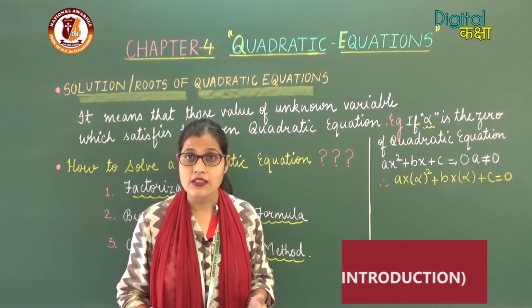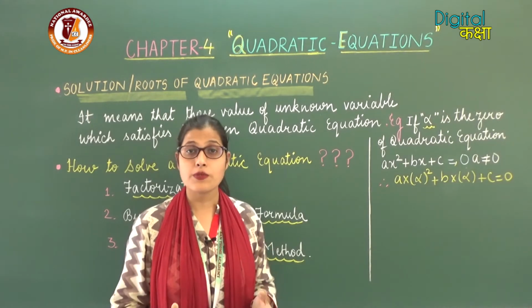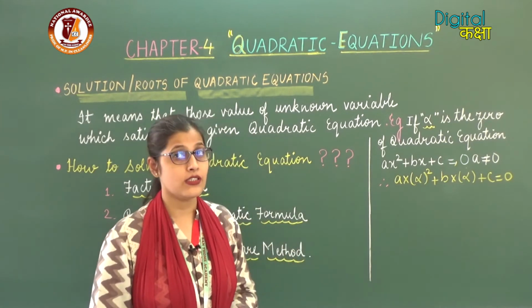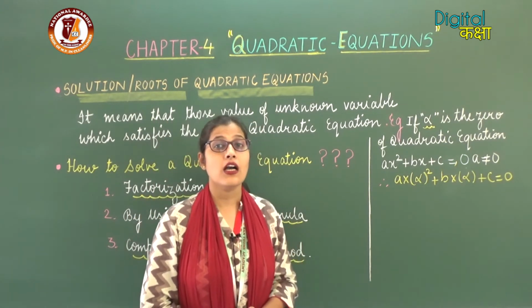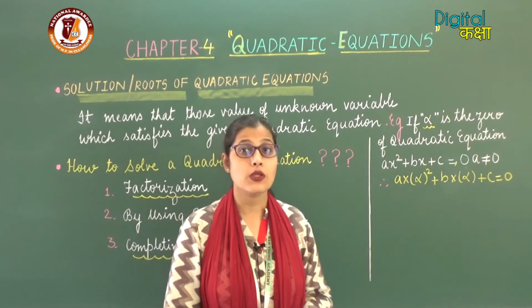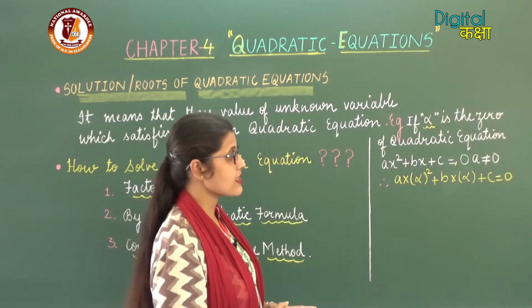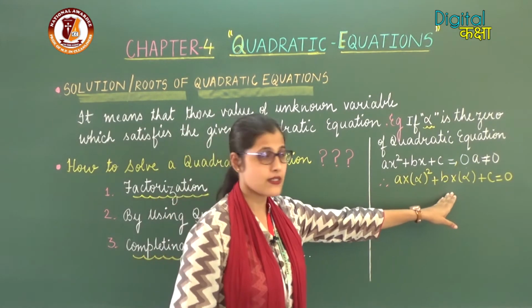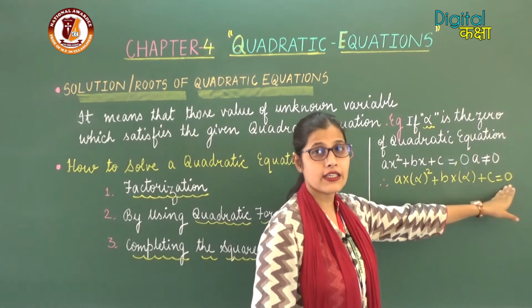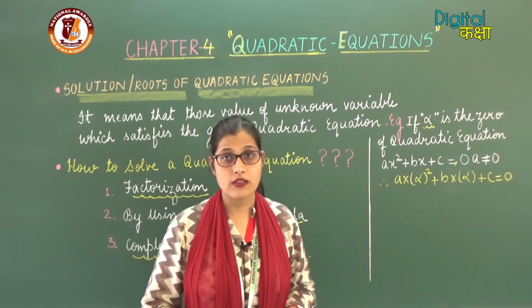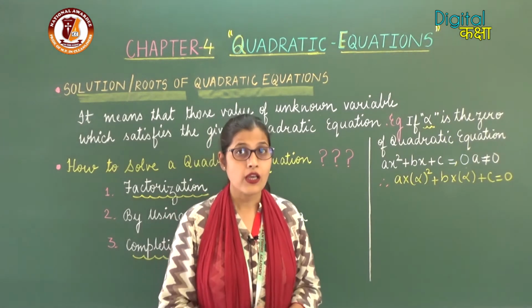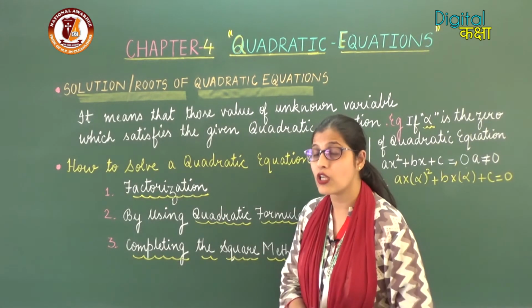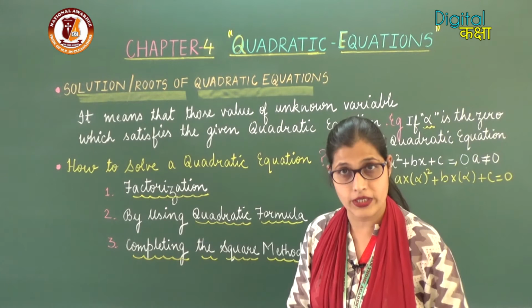It means that when we substitute alpha in place of x in the given equation, we will get the value equal to 0. It means that on substituting a alpha squared plus b alpha plus c, we will get our answer equal to 0.